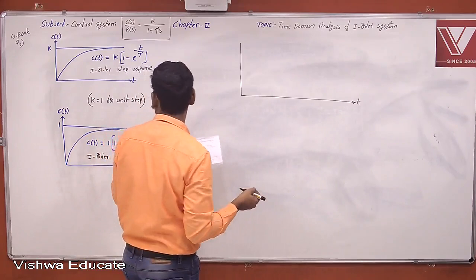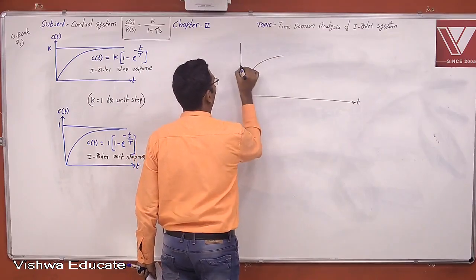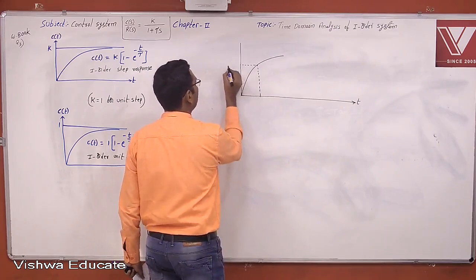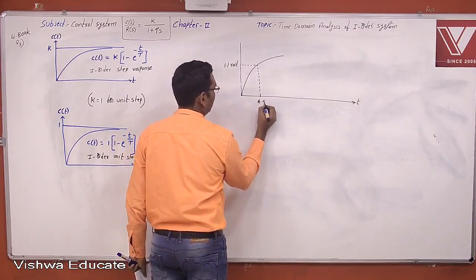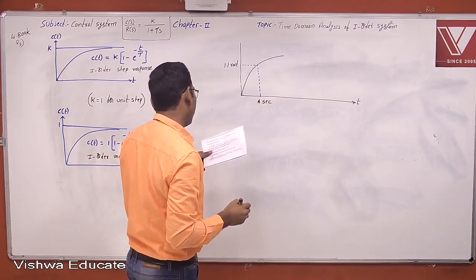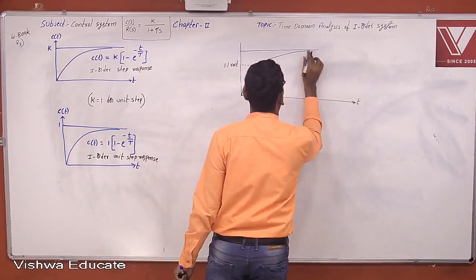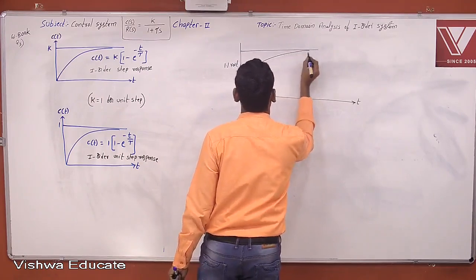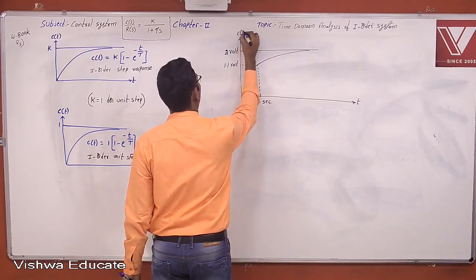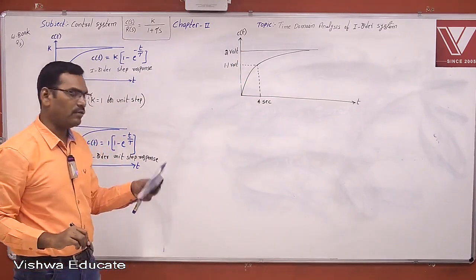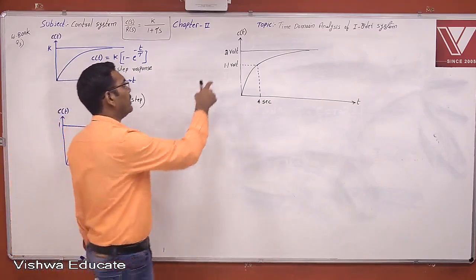Now question number 3 is: a first order system is initially at rest position and the response reaches 1.1 volt after 4 seconds and finally reaches a steady state value of 2 volts.